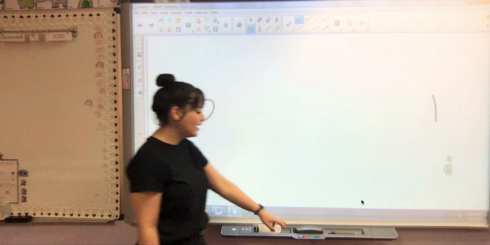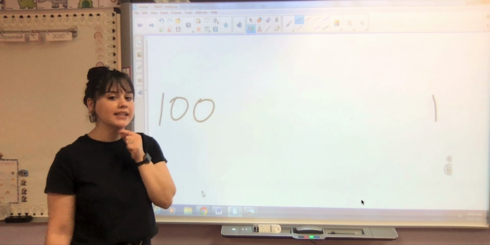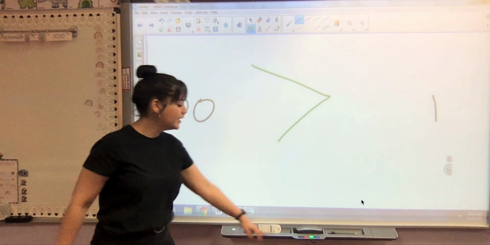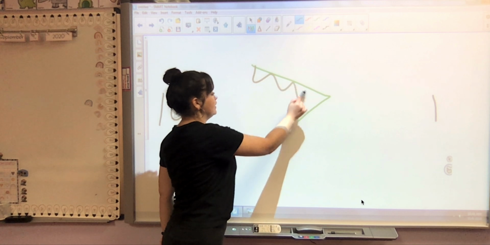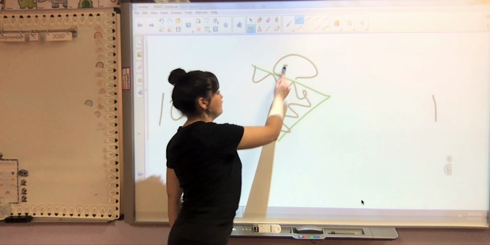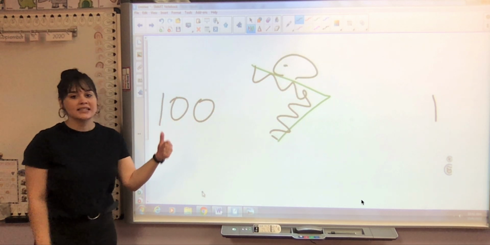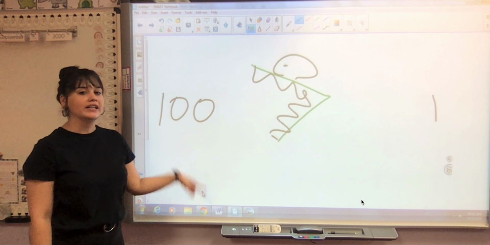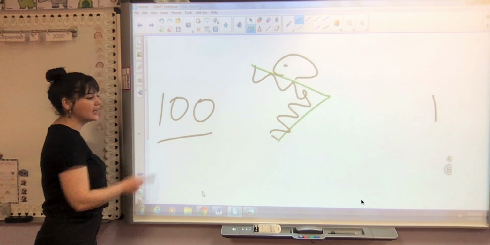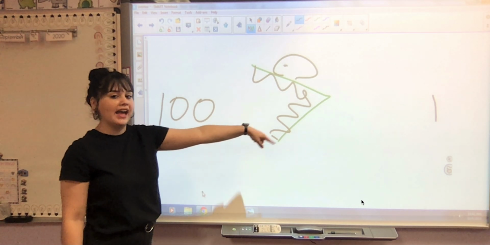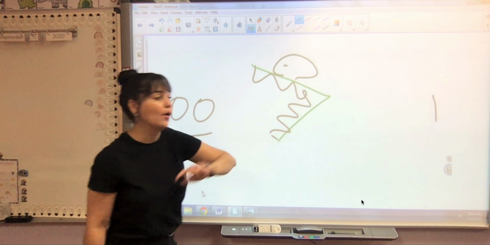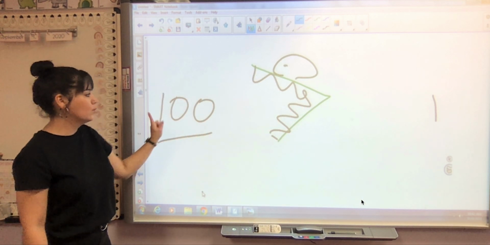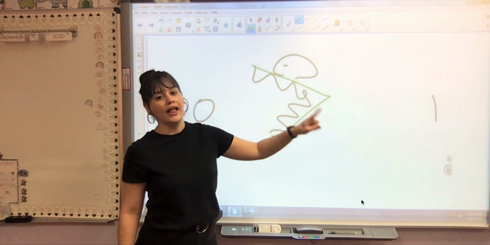I think he would want to eat the greatest number, so he would be looking for the 100 of the pies. He wants to eat the greatest number. Always, always, always the greatest number. That means that 100 is greater than 1. Or 1 is less than 100. 100 is greater than 1.